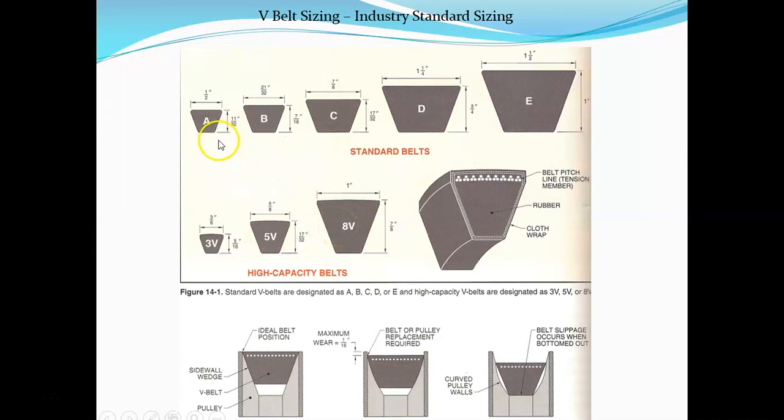It doesn't matter which manufacturer makes the belt, there are industry standards with the V-belts. So you can see that, say, a C belt is going to be 7/8 inch wide at the top, and the height is going to be 17/32.